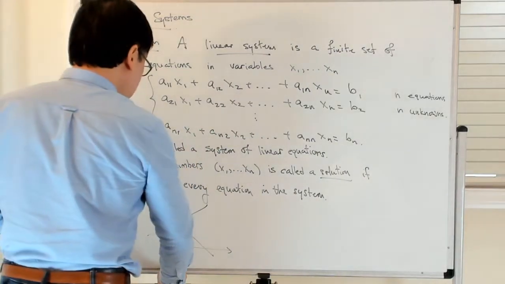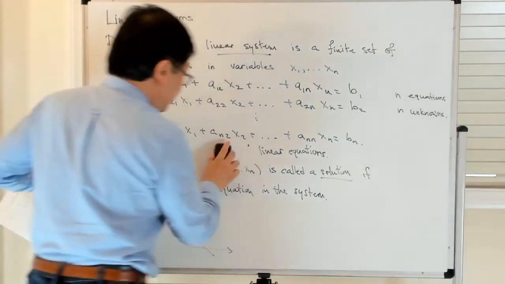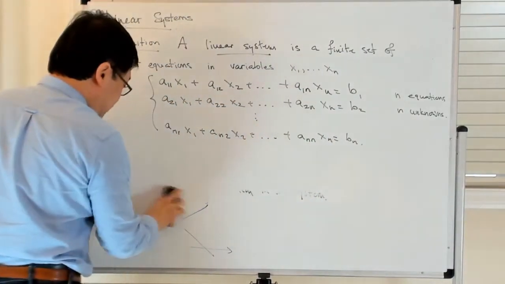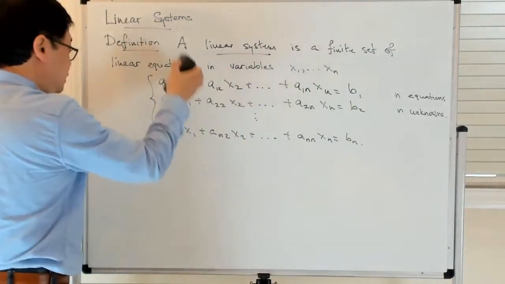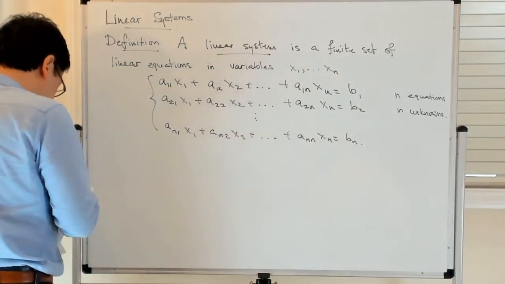Anyway, let's try to think about expressing this now using matrix notation. Let me erase this bottom part and leave this set of equations up for now, so that it's easier to see how we transcribe this system of equations into matrix notation.